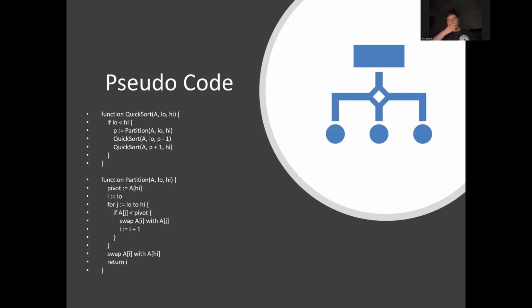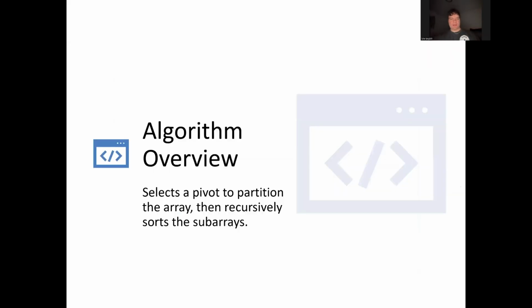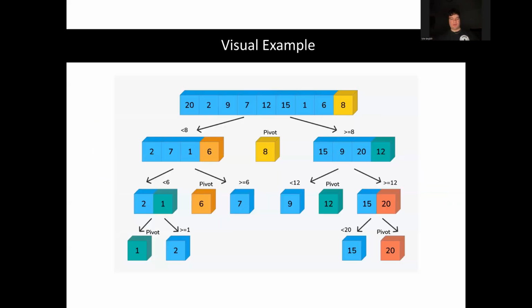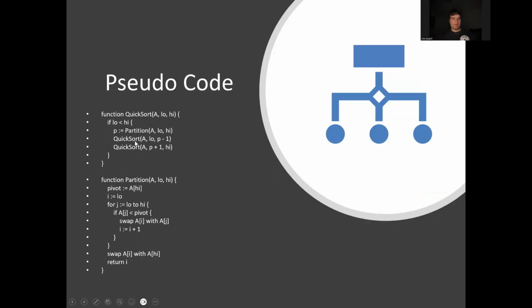If low is less than high, then we would partition it first, which would be partition A, low, and high, meaning we would divide the array into two parts. Then we call quicksort A, low, and P minus 1, and then quicksort A, P plus 1, and high.